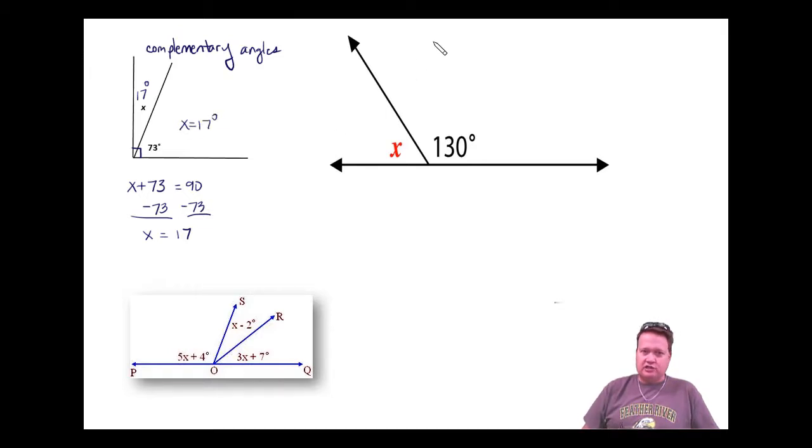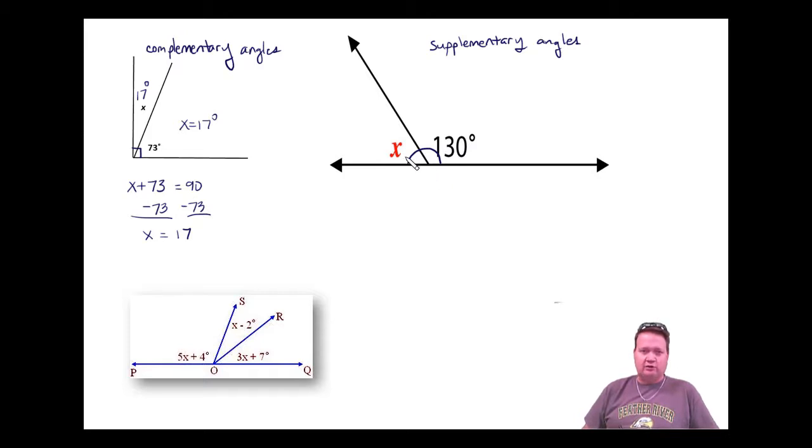Now, the other relationship that we will be looking at are supplementary angles. Supplementary angles add up to 180 degrees because they make a straight line, and a straight line is half a circle, which is 180 degrees. There's 360 degrees in a whole circle.